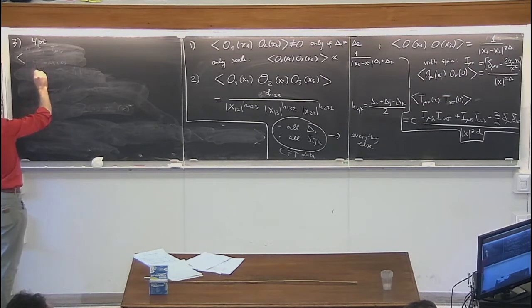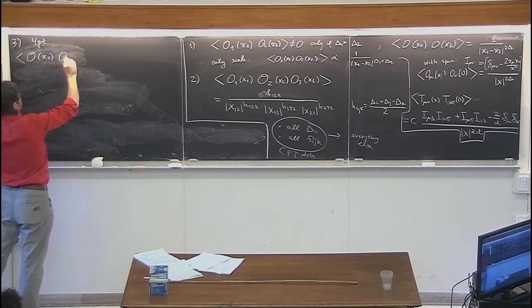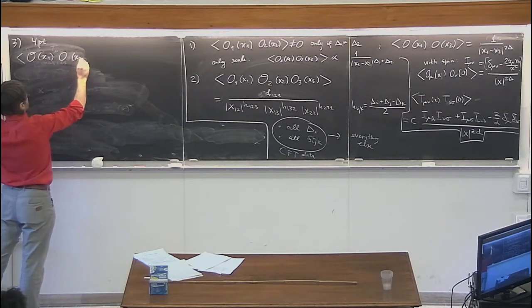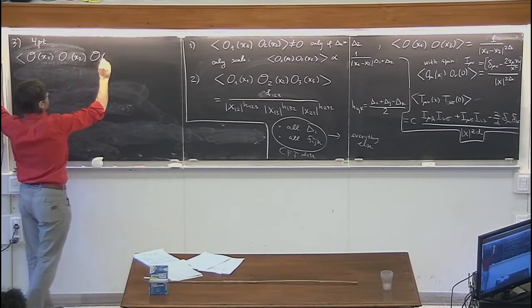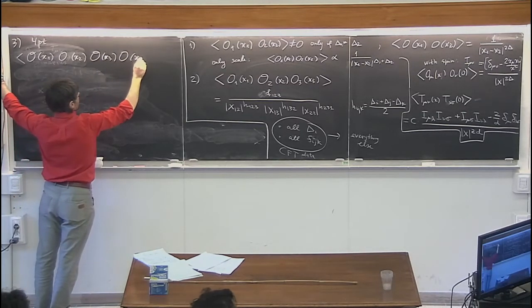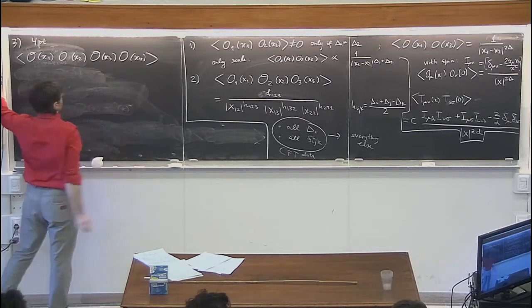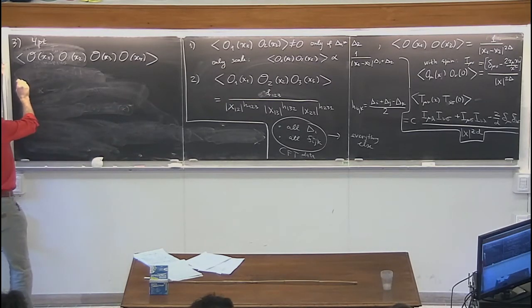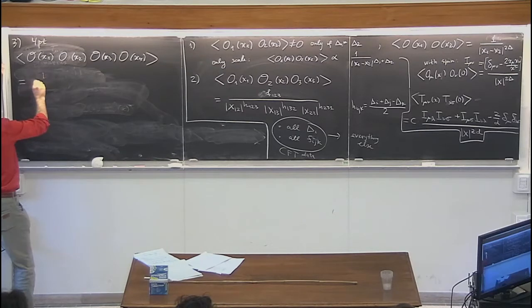So let me just consider one example, that if I take a 4-point function of 4 identical scalar operators, just for simplicity, then it can be written in the following form.